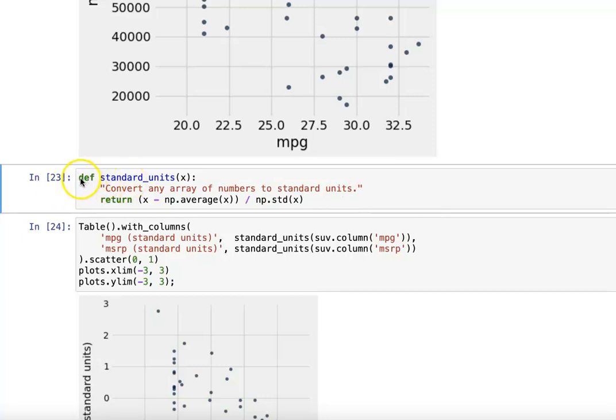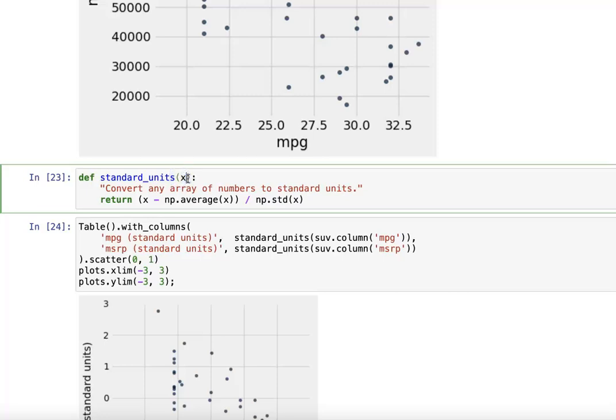If you remember, we have the standard unit function defined since last week. Standard unit is the definition: you take the value minus your average, then divide by the standard deviation. So you can just pass your array.